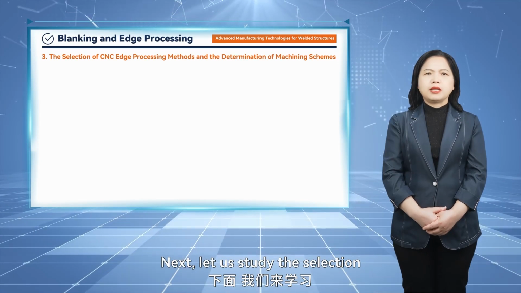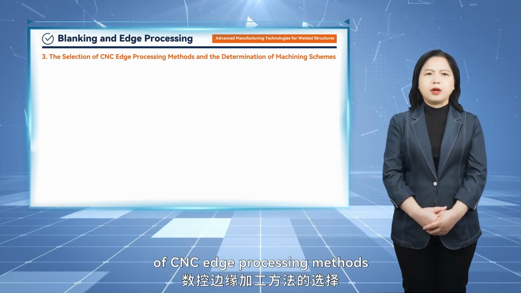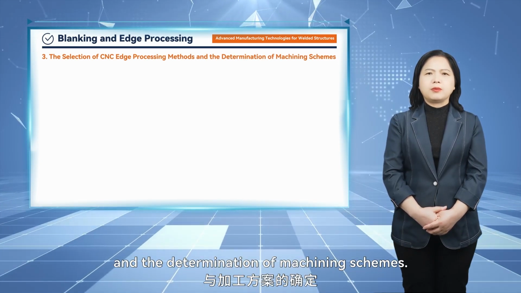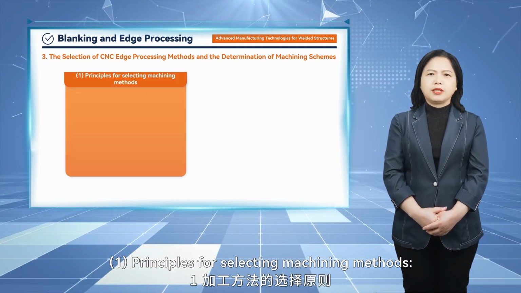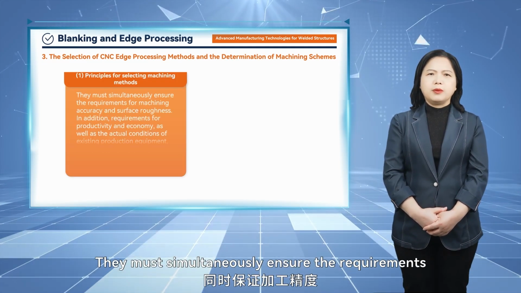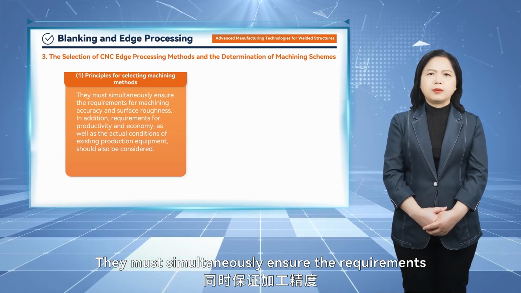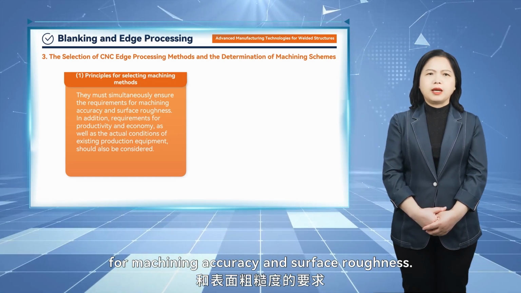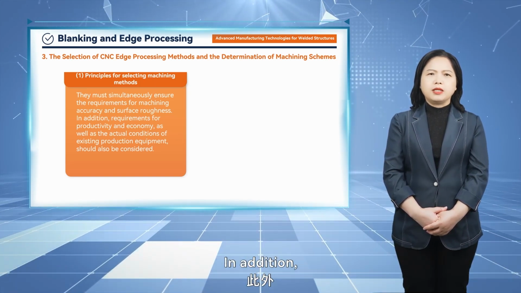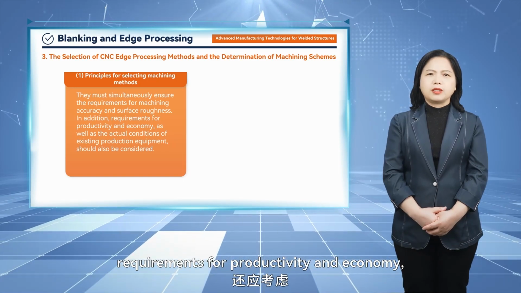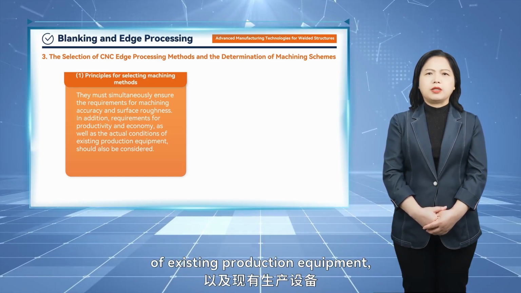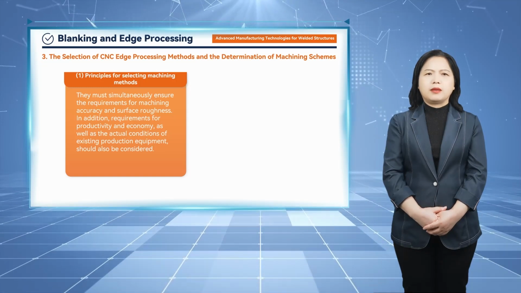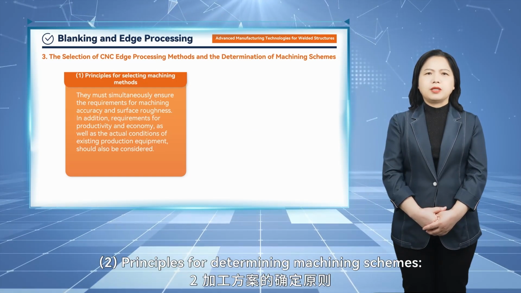Next, let us study the selection of CNC edge processing methods and the determination of machining schemes. 1. Principles for selecting machining methods. They must simultaneously ensure the requirements for machining accuracy and surface roughness. In addition, requirements for productivity and economy, as well as the actual conditions of existing production equipment, should also be considered. 2.